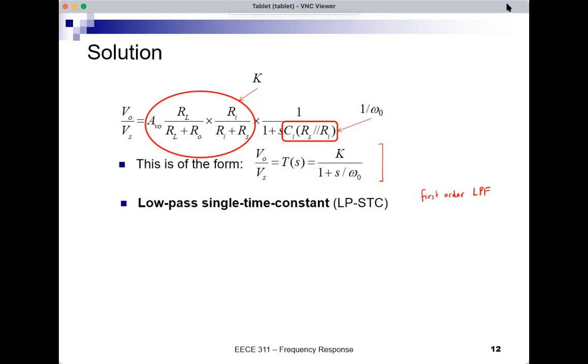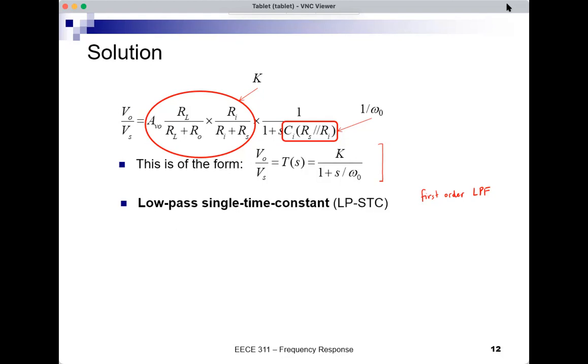So this is the relationship now between what we know about filters and what we know about amplifiers. This amplifier, by the addition of this capacitor Ci, just one capacitor, will act not just as a regular amplifier with a gain that is constant and the same for all frequencies.